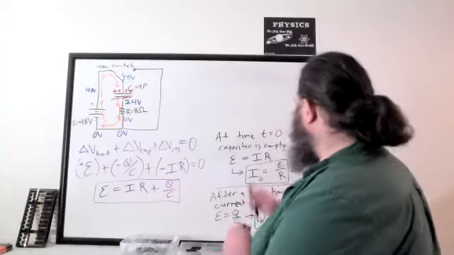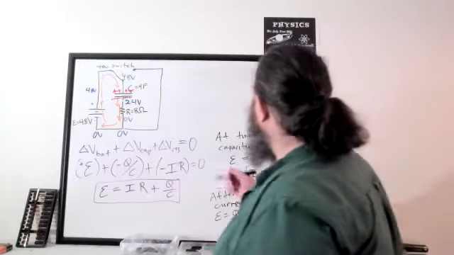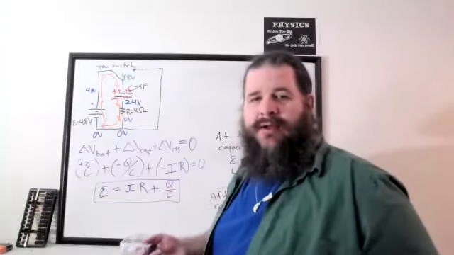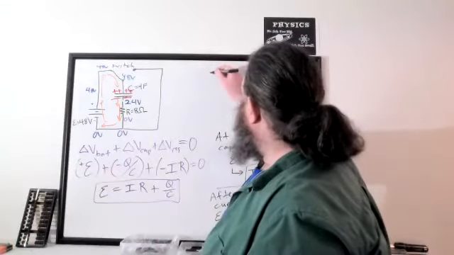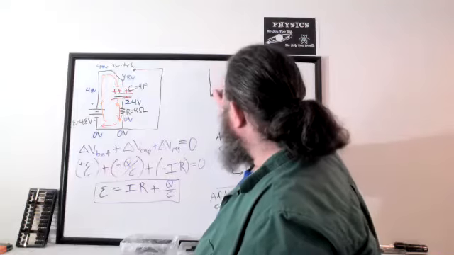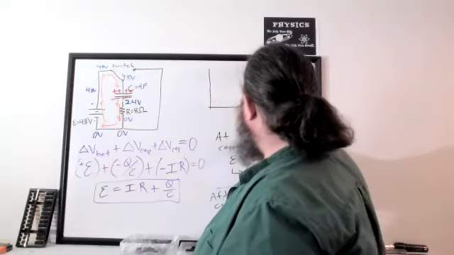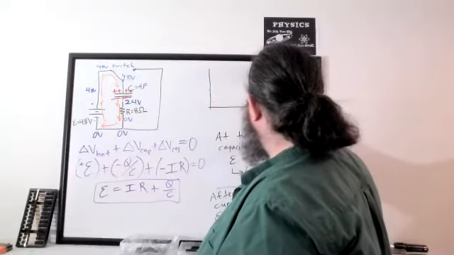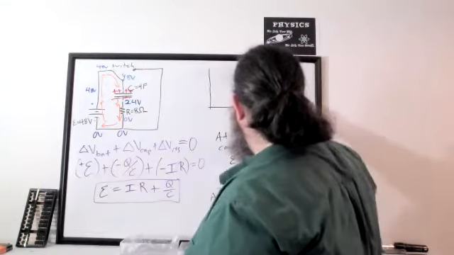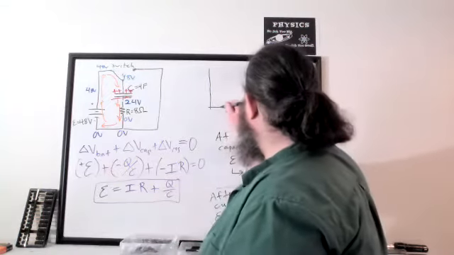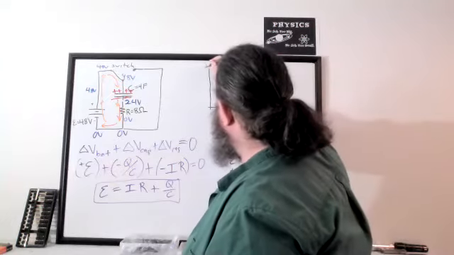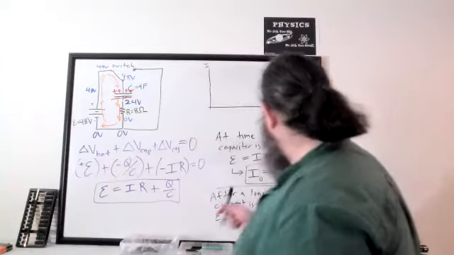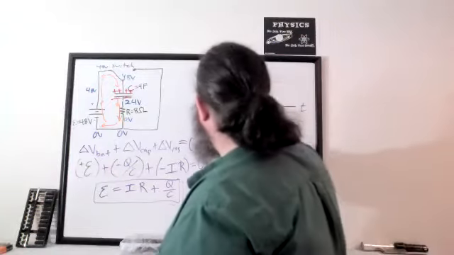Let's try making a graph of both charge and current on two separate graphs, because they're different quantities, so we can't really put them on the same axis. But let's say we have a graph of time versus current. And that's going to start at 6 amps.